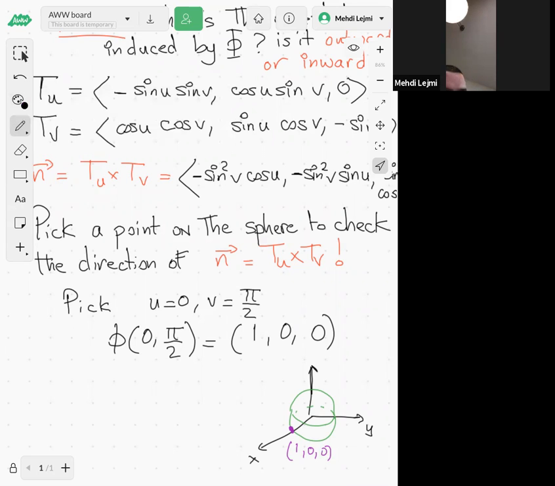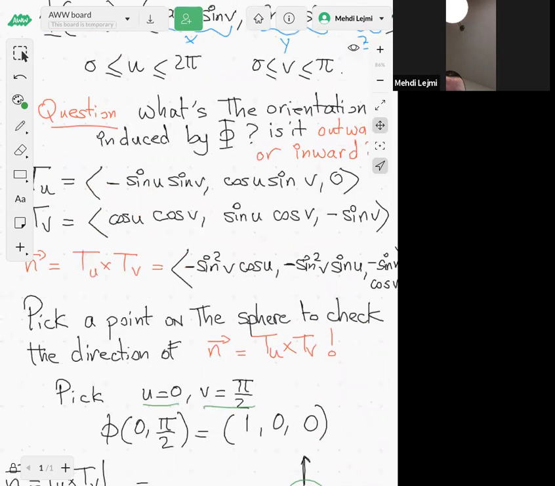So now, n or t_u cross t_v at the point (1, 0, 0). At the point (1, 0, 0), u is 0 and v is pi over 2. So let's see, where's my normal vector?